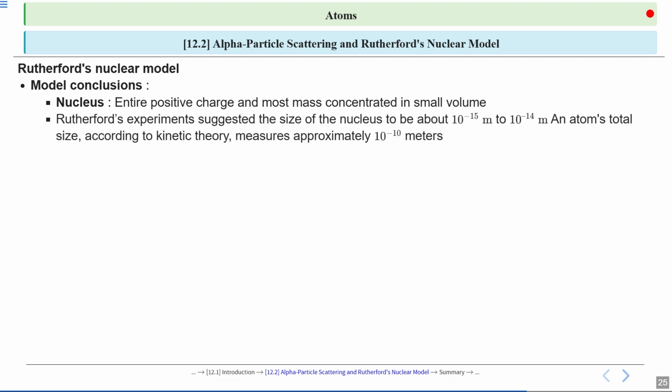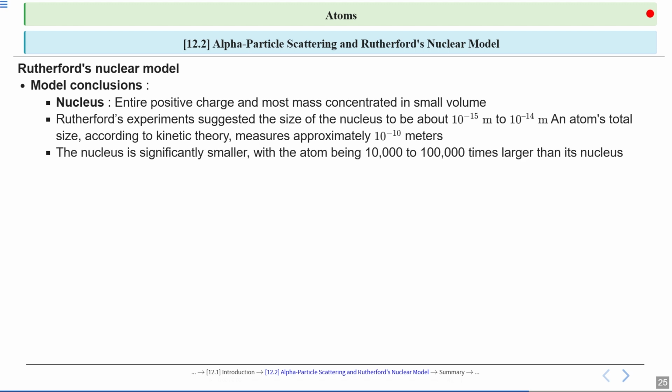So let's talk about the size of the nucleus. Rutherford's experiment suggested the size of the nucleus is about 10^-15 meter to 10^-14 meter. An atom's total size, according to kinetic theory, measures approximately 10^-10 meters.